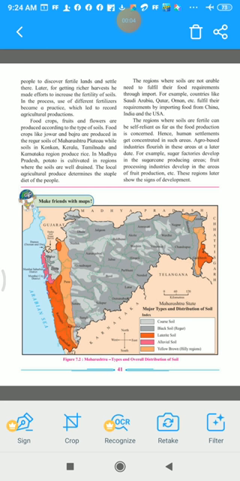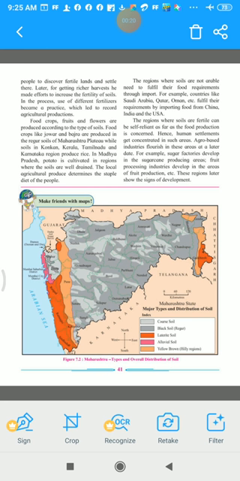In the last session, we started with the geographical explanation. We are dealing with lesson number 7, soils, and we had ended our topic up till the agricultural production paragraph on page number 41.